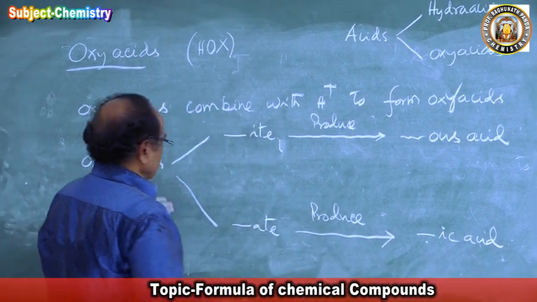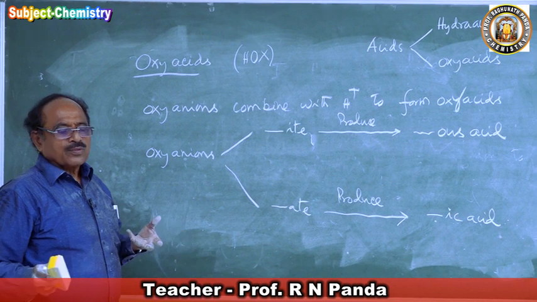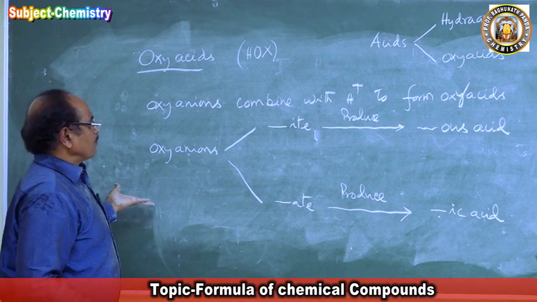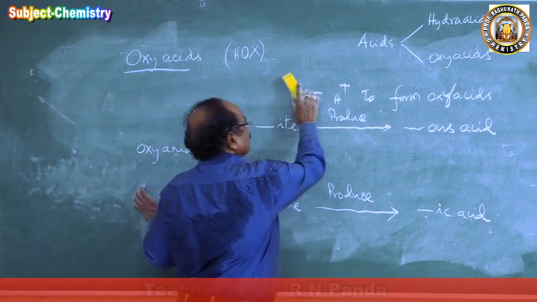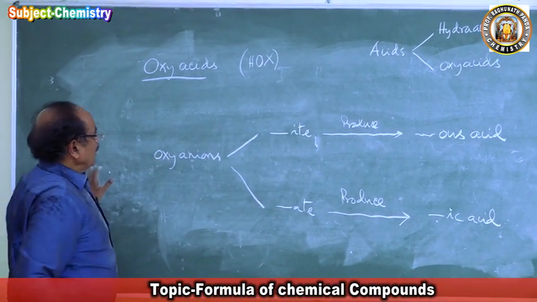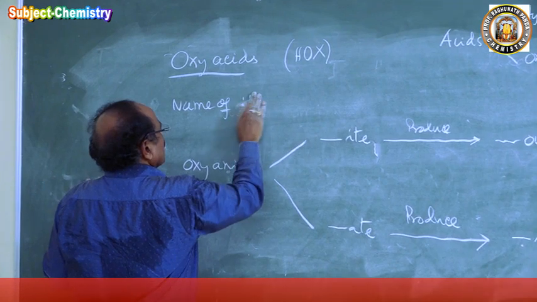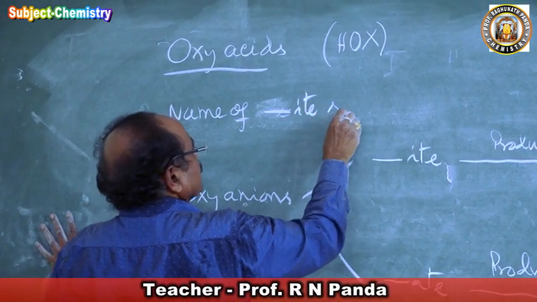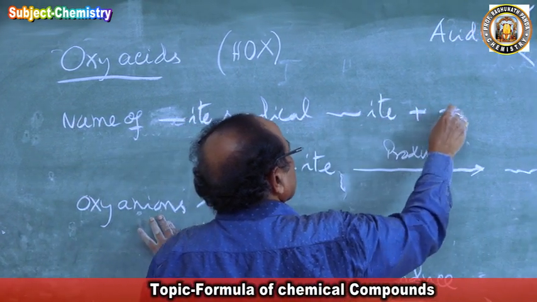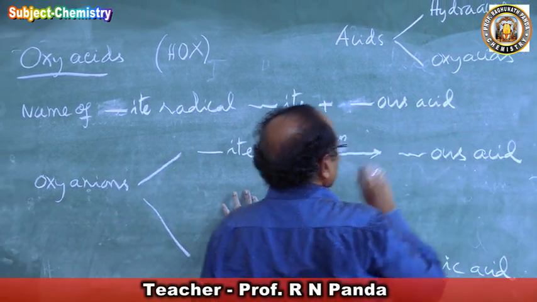So how will the name be obtained? We will not remember the names, as I told you. The name of the ITE radical, minus ITE, plus OUS acid, will be the name of the OUS acid.